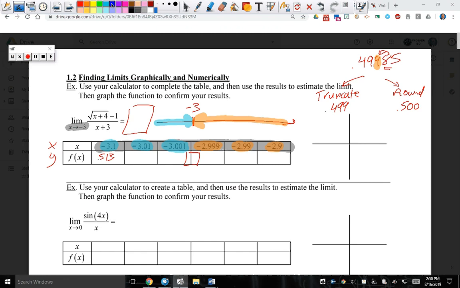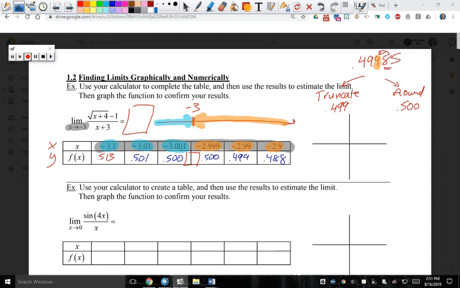I'm a rounding kind of person, so all the numbers that I'm going to do, I'm going to round them. Okay? So I have 0.513, 0.501, 0.500, and then 0.500, 0.499, and finally the last one I have is 0.488.